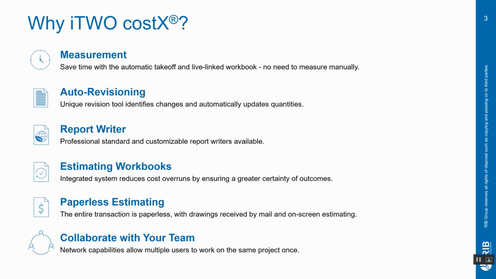This is the full costX, everything from measurement, how that on-screen takeoff ties into your workbooks or your estimating or bill of estimates or bill of quantities, and then on top of that there's auto revisioning functionality, a report writer, and obviously the collaboration that comes within a team, which is sometimes lost when using other softwares.